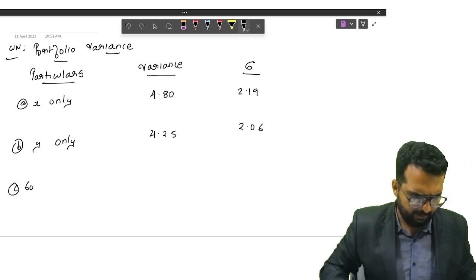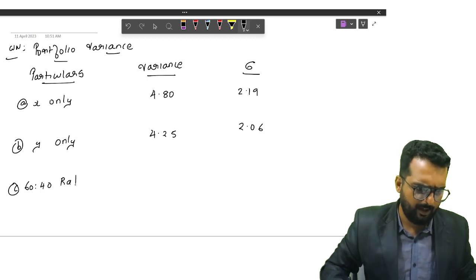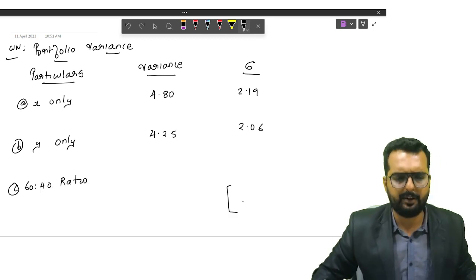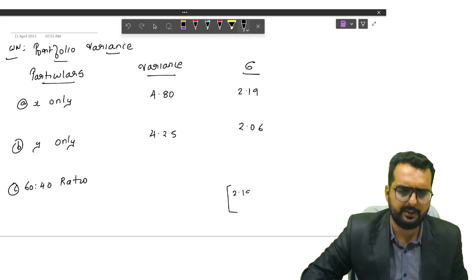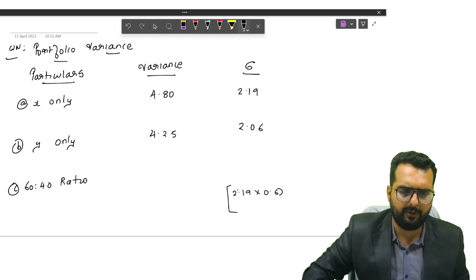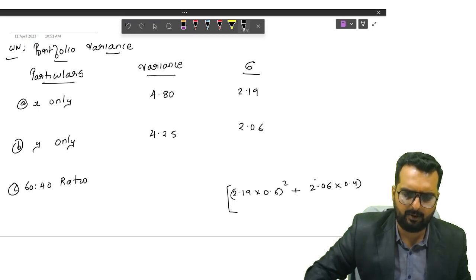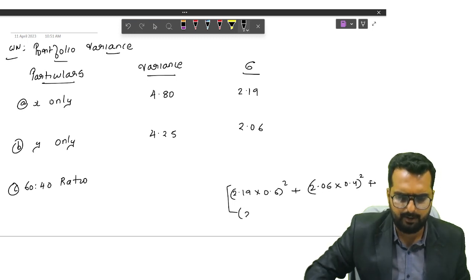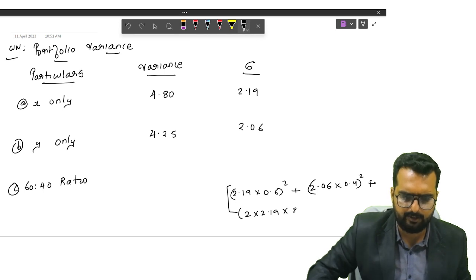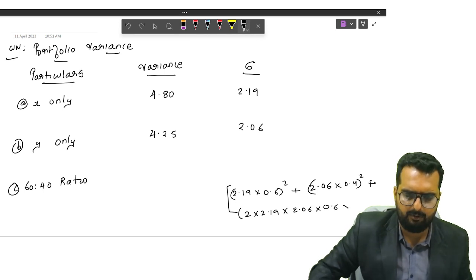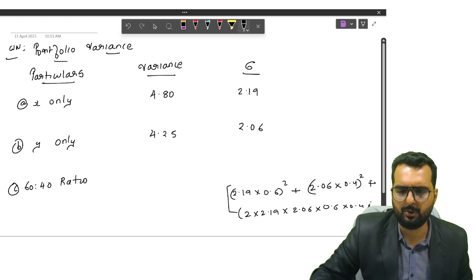2.06. Now if you want to do 60-40 ratio, I will have to use the Markowitz method, correct? Standard deviation of X into weight of X the whole square, standard deviation of Y into weight of Y the whole square, plus 2 into standard deviation of X, standard deviation of Y, weight of X, weight of Y into correlation.